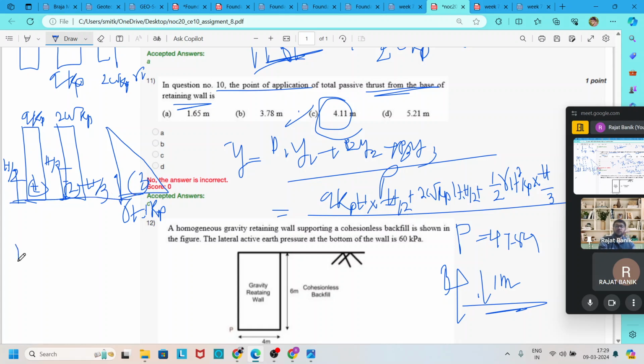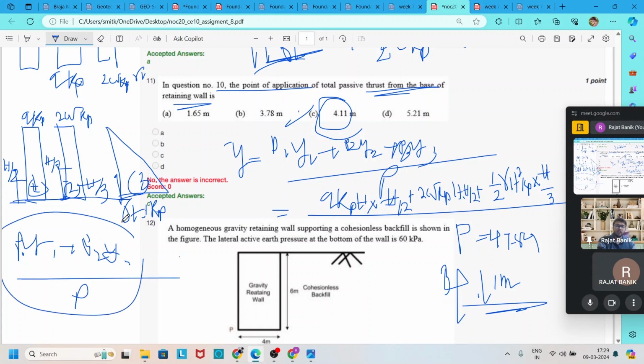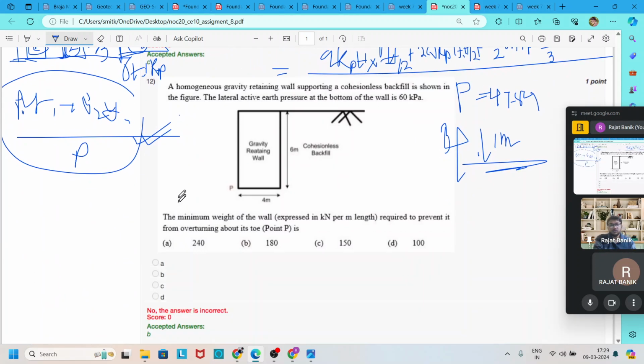Use this formula, P1 Y1 plus P2 Y2 plus P3 Y3, divided by the total force P of the total area, and find the result. Now we are moving to question number 12.